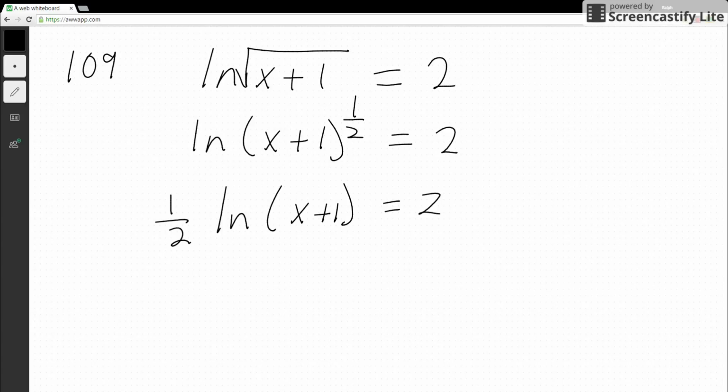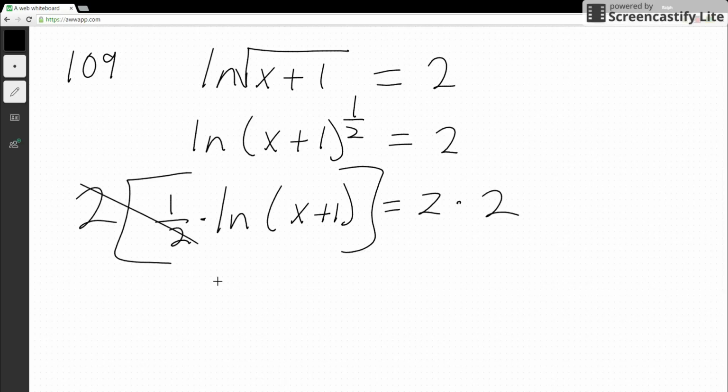Okay. Now from here you can get kind of weird because I want to put this up in the power with a base e, but this half's kind of screwing me up. So what I'm going to do, just to make my life a little easier, is I'm going to multiply both sides by 2. So that means this goes away, and now I'm just the ln of x plus 1 equals 4.